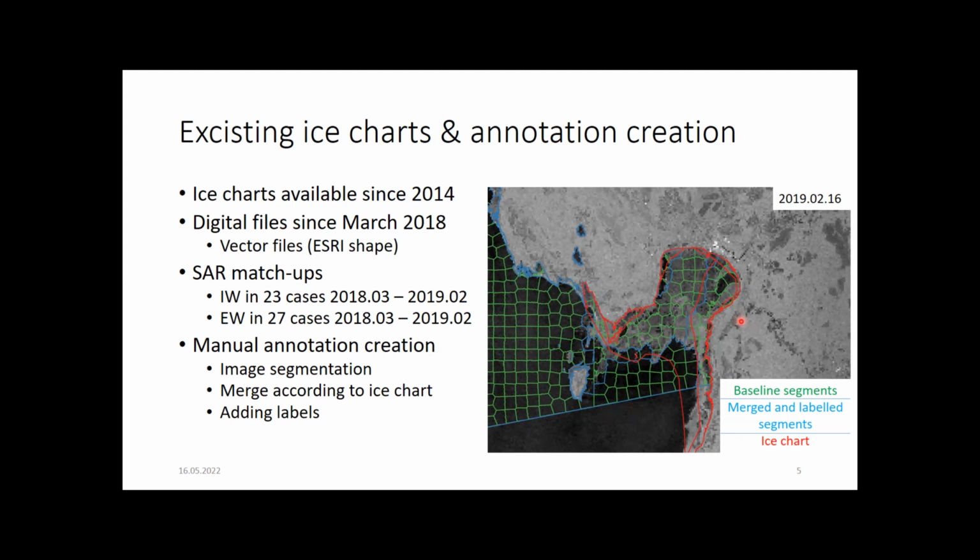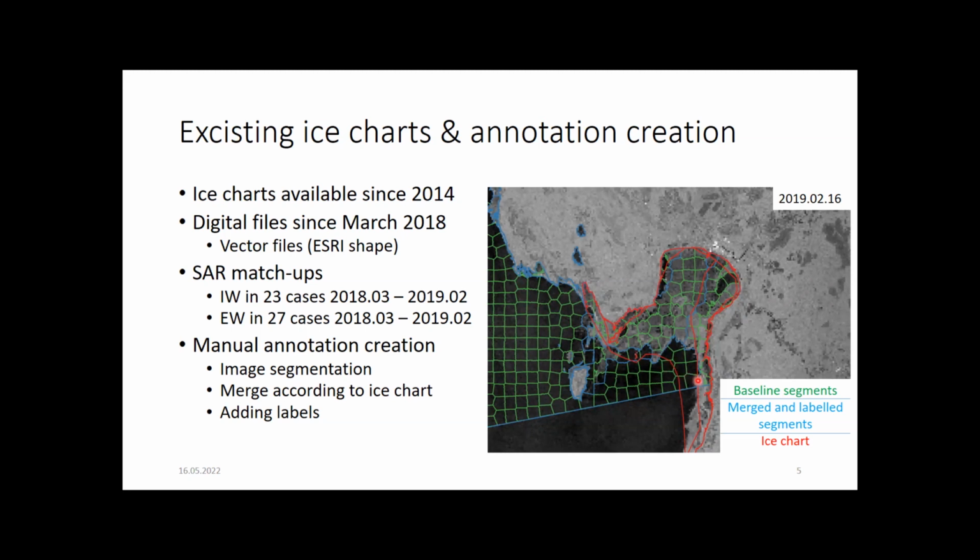Then we opened this image, the green segments, then the official ice charts on cookies, and we manually added together or labeled the green shapes with corresponding ice number. And you see that in this case, actually, we had to do quite a bit of error control, maybe.